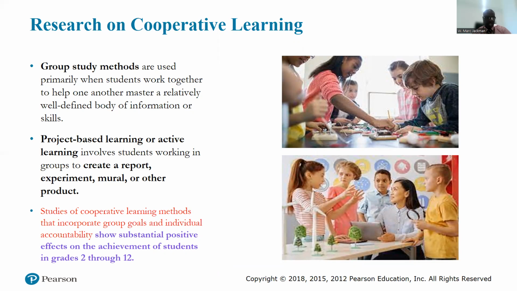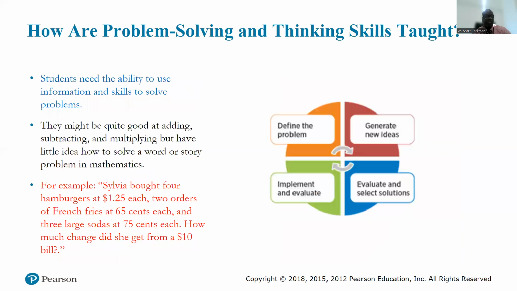Studies of cooperative learning show that when we incorporate group goals and individual accountability, there are substantial positive effects on achievement for students in grades 2 through to 12. So cooperative learning groups do indeed work.